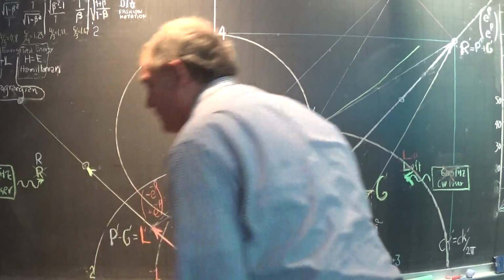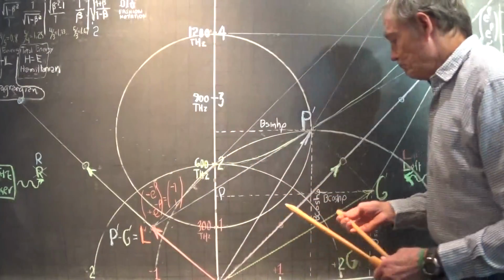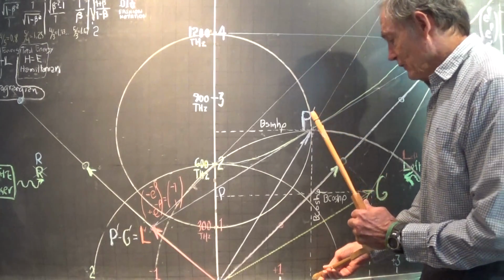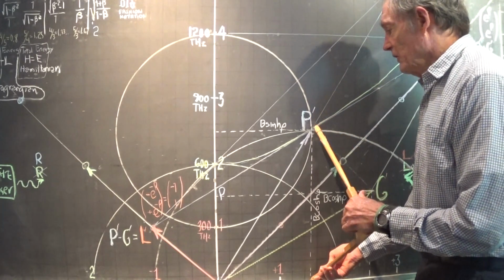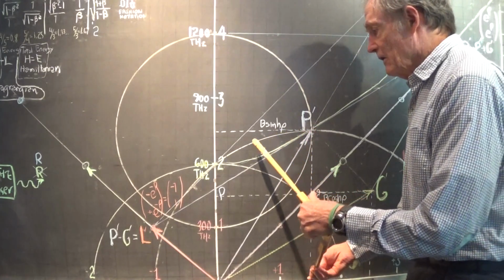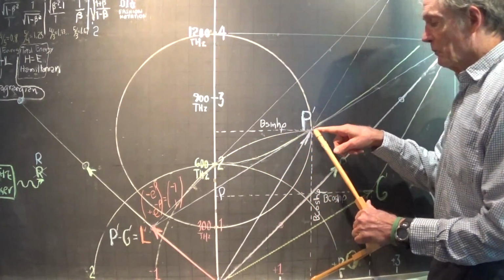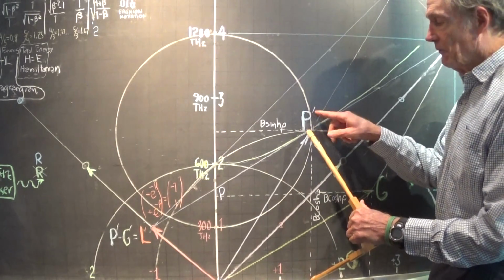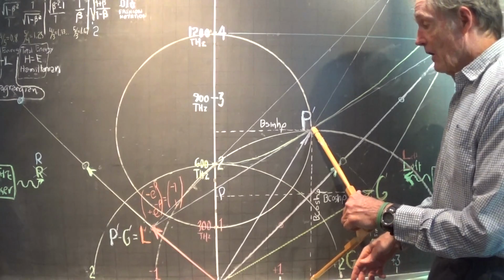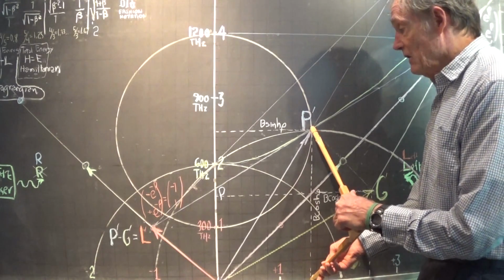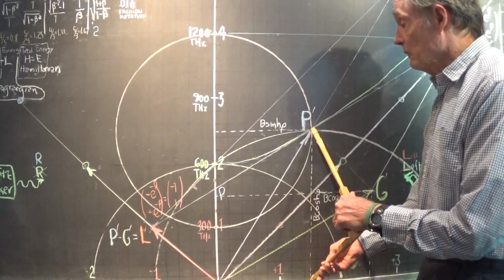So the basic idea of this particular circle right here that goes with a radius equal to the ordinate of the phase vector: that circle, you definitely want to add that to the graph if you haven't already.